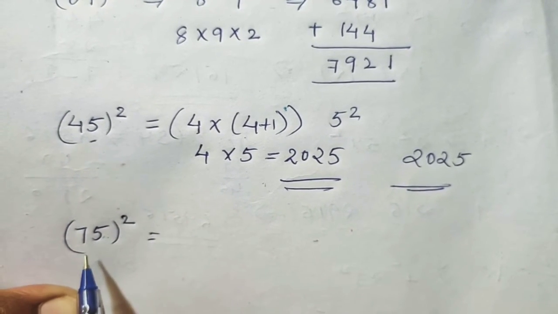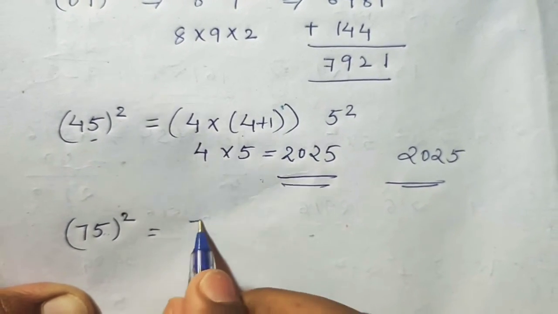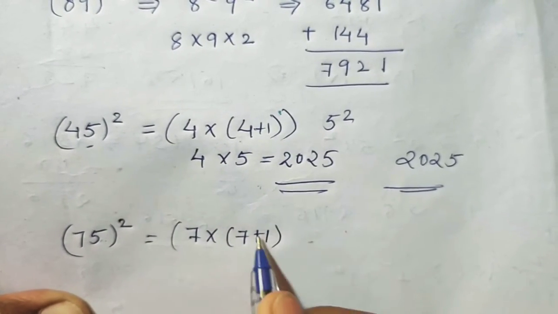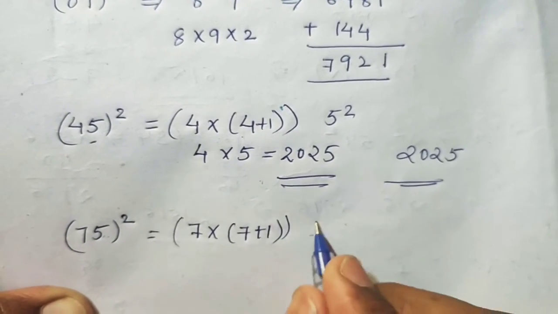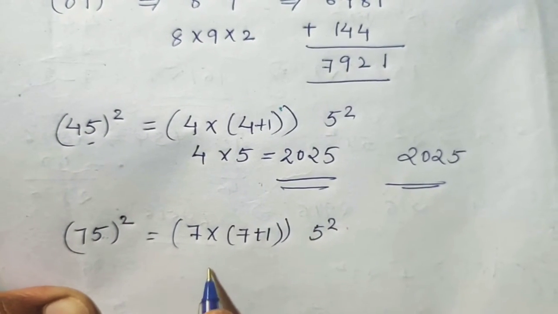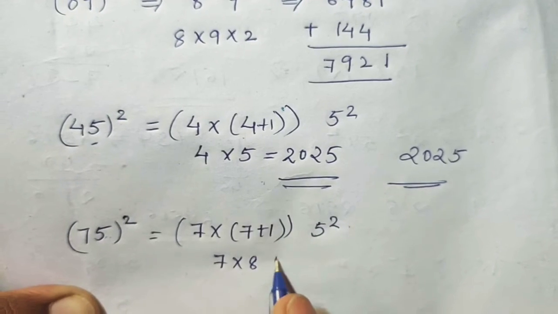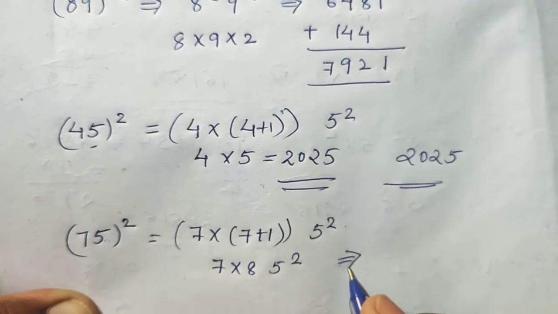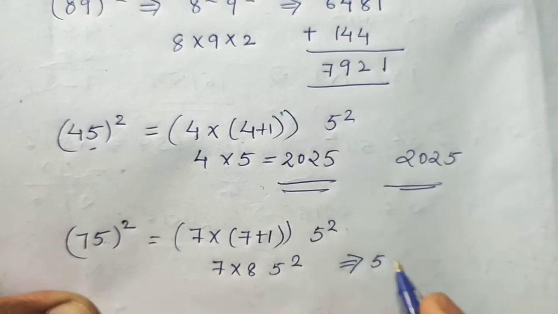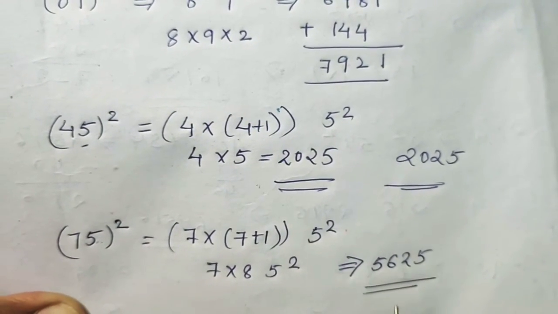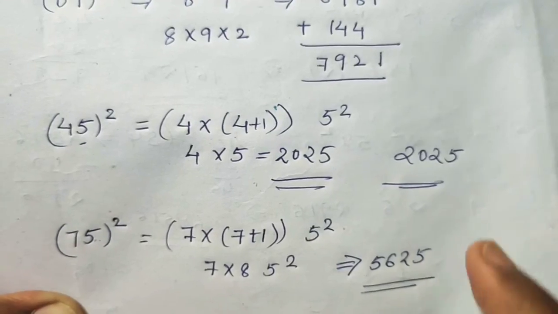So for that, this 7 into 7 plus 1. Okay, then we have to take the square of this number. So 7 into 8, 5 square. 7 8 is 56. So 75 square is 5625. Okay.